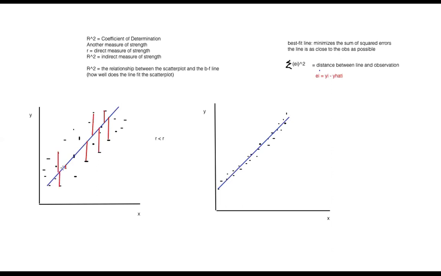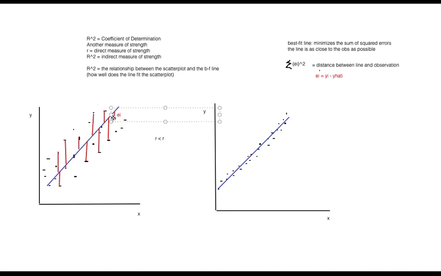Right, so again, you do it for every single observation. Some observations are closer to the line compared to others, right? Doesn't matter because it's the average that counts. And each of these red lines that I drew is an e_i, right? So this is one e_i.